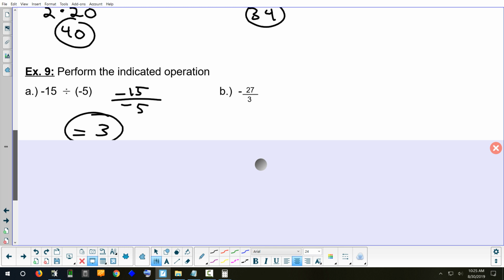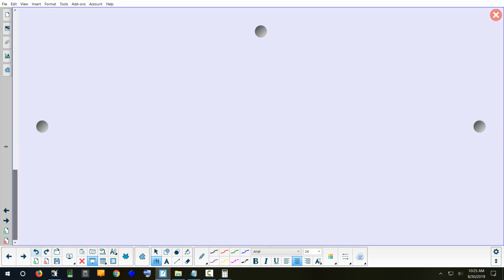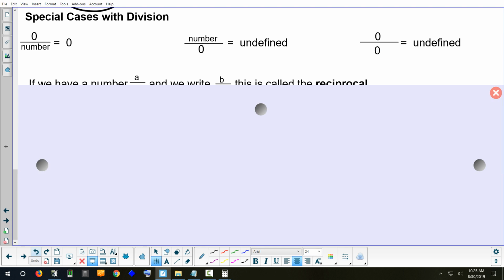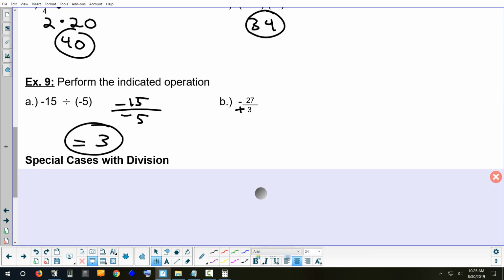Negative. Negative divided by a positive. How do you know the 3 is positive? Shouldn't it have a plus sign with it? No, it doesn't have any indication. If it doesn't have anything next to it, it's automatically positive. Yep. So it's going to be negative 9. Good.